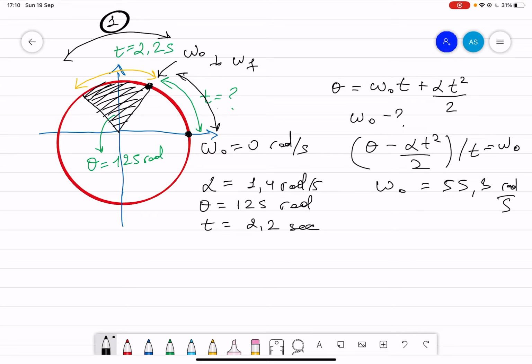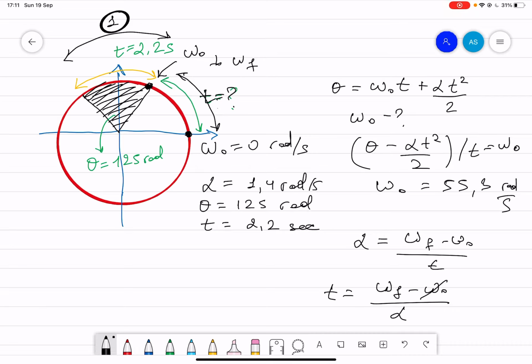Now, since we know that, we have to find this time. We have another formula where alpha is equal to omega final minus omega initial, divided by t, and from there we can find the time: t equals omega final minus omega initial divided by alpha. Omega initial was zero since it started from rest, and omega final is 55.3, divided by alpha, which is 1.4.